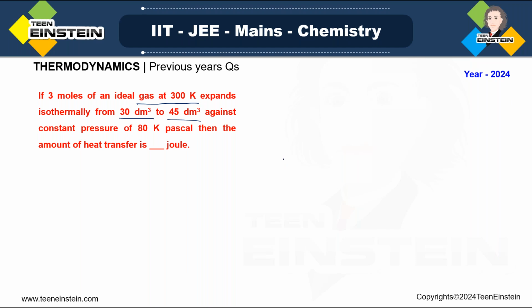The values given are the final volume, the initial volume, and the constant temperature at which the isothermal expansion is occurring. So it is isothermal expansion. V2 is 45 dm cube, V1 is 30 dm cube, and the P value is also given, constant pressure 80.